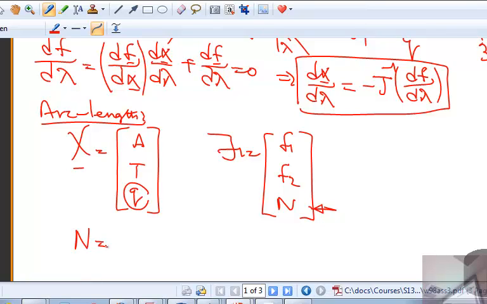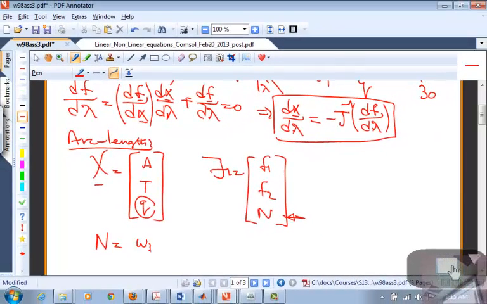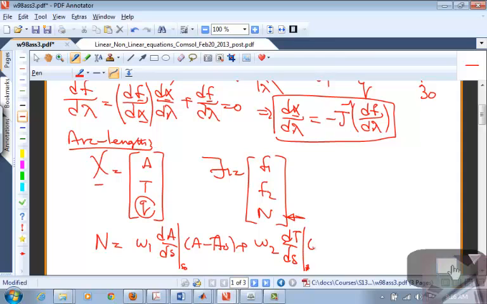Okay? So it's going to be W1, a weighting factor, times dA/ds at the current value, multiplied by (a minus a naught), plus W2 dt/ds at the current condition times (t minus t naught), plus dq/ds times (q minus q naught) equals s minus s naught.